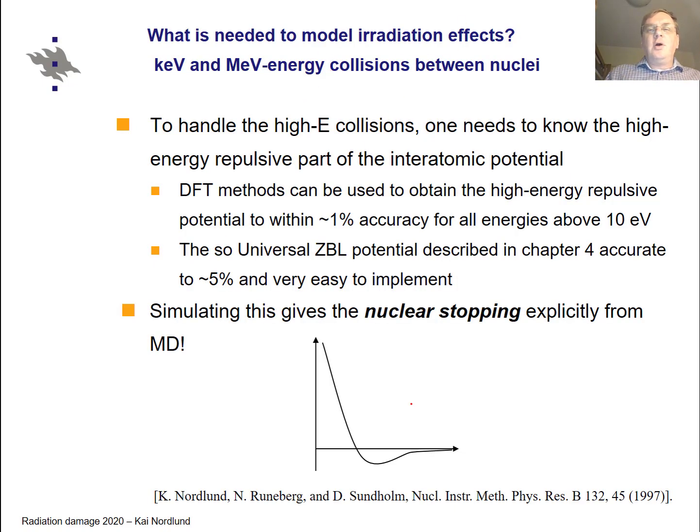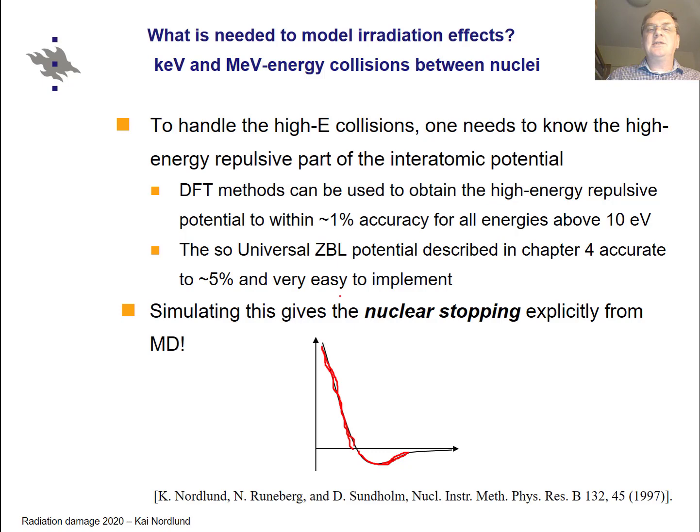So first of all, in equilibrium molecular dynamics, atoms are always moving only near the equilibrium potential well. But in high energy collisions, like in the binary collision, we are actually in this repulsive part here. Okay, now the drawing looks horrible, but it is actually more or less a smooth line.